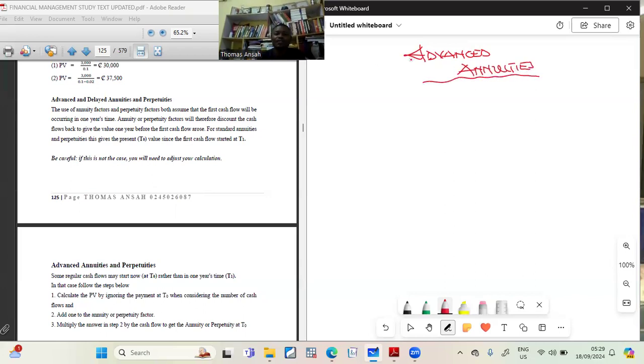Now, the word advance means that the payment or the cash flow has happened before. It's like going to rent a room or a house, and the landlord or the landlady tells you that you have to pay in advance. You pay the money before you live in the house. So that is what it means.